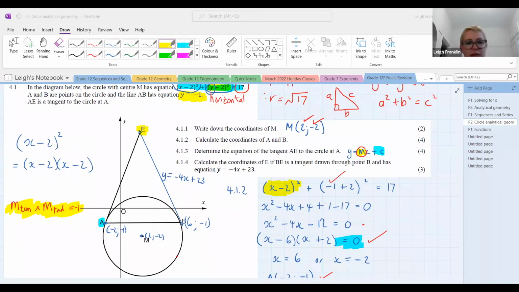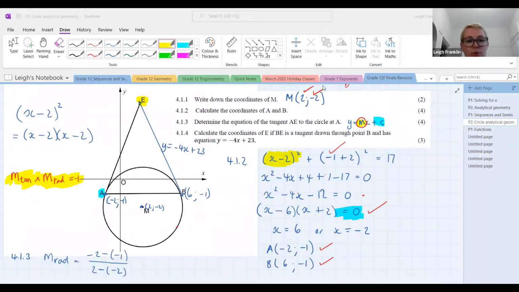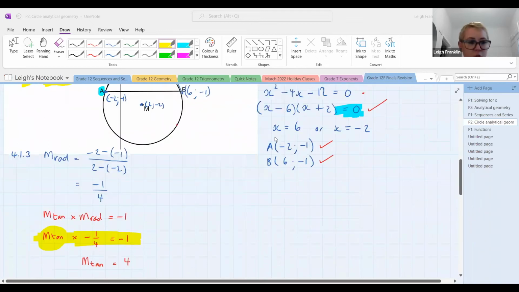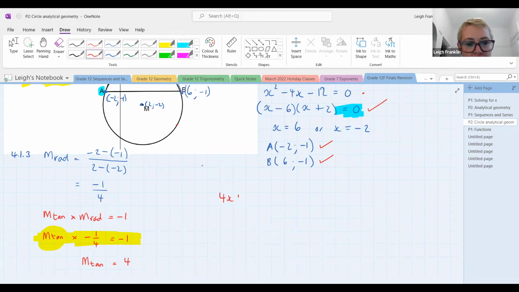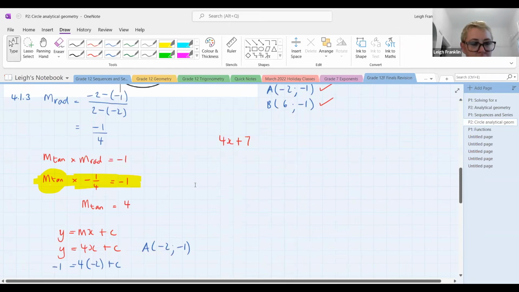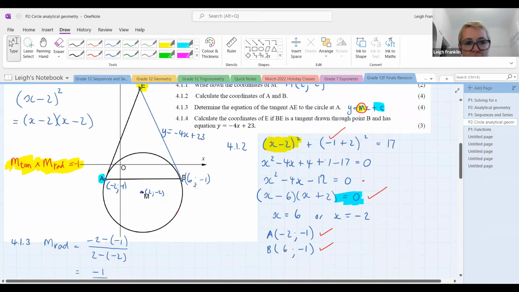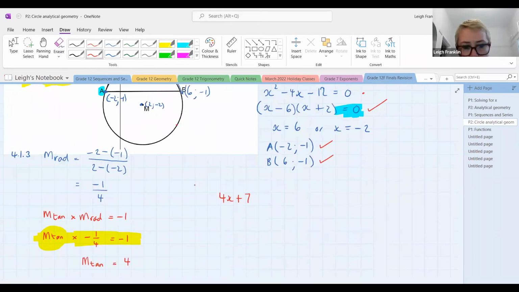Quite right. E is a point of intersection. That's exactly what we would do, as Spare had suggested. So we take our equation, 4x plus 7, because remember that's what we worked out down here, and we make it equal to what they gave us, -4x plus 23. Now we need to solve for the x coordinate at E.